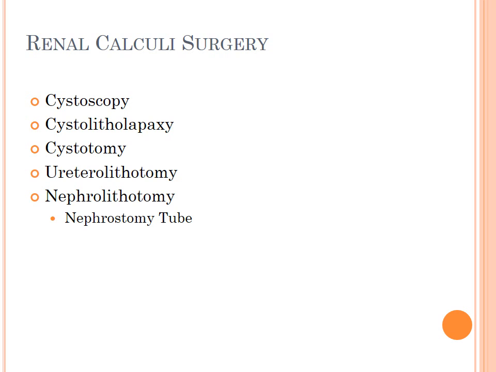A cystotomy and a ureterolithotomy are other procedures that may be done, and a nephrolithotomy is when a scope is inserted through the skin to the kidney to help break up the stone.